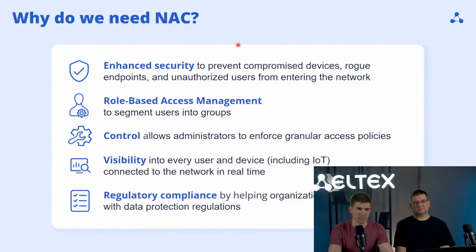Next, let's talk about why we need a NAC system in general. First and foremost, it is for enhanced security. Similarly to day-to-day life, where you probably wouldn't open your door to everybody who just knocks, you first want to authenticate them. You want to ask who they are.